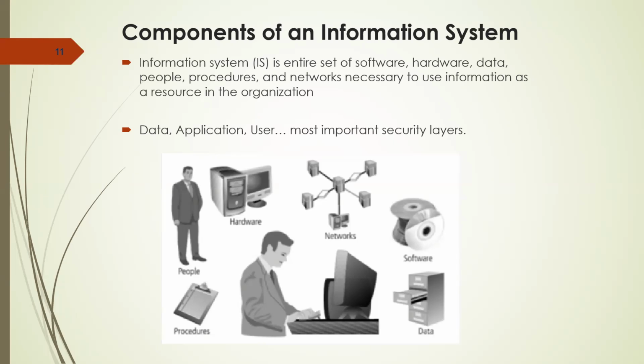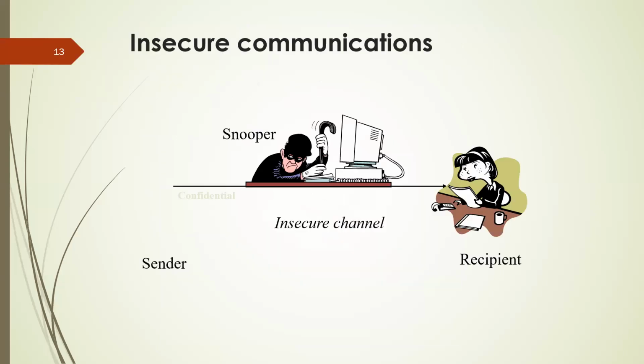It's the personnel, the hardware, the networks, the software, the data, the computers, the procedures of an organization. And all of these are within the system security layers, whether it is OSI or TCP/IP. I know you did networking, so you know all these different layers.